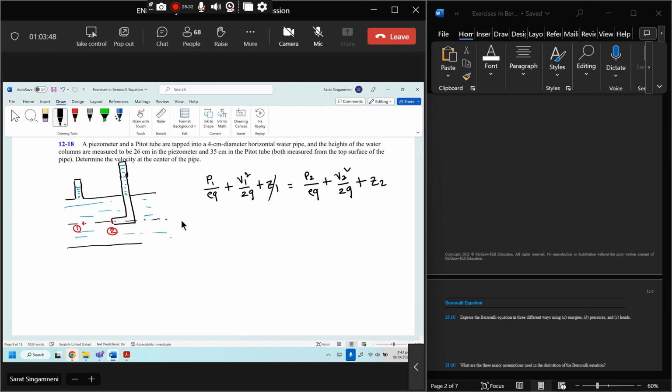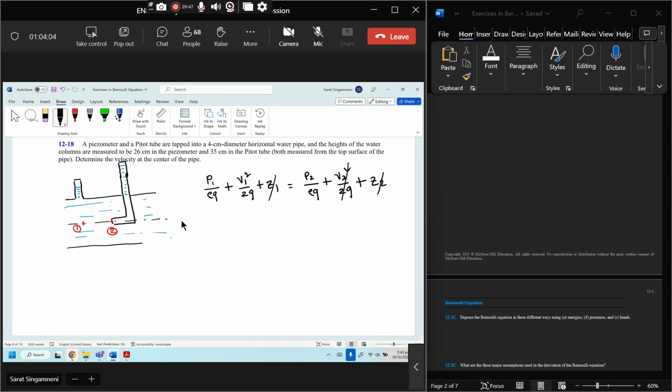Z1 and Z2 are the same because we are measuring on the same center line. The velocity at point 2 is 0 because it's the stagnation point. So V2 squared over 2g is 0.